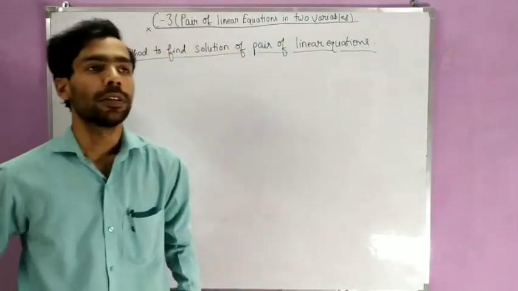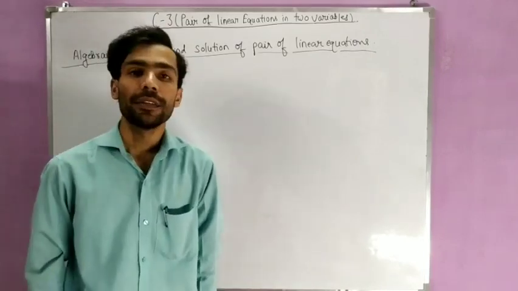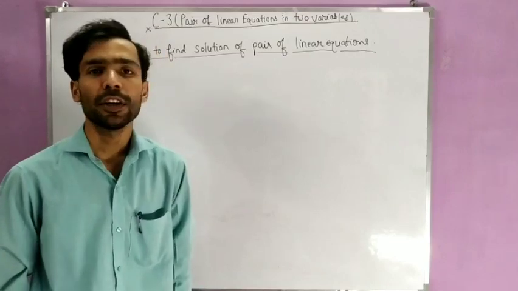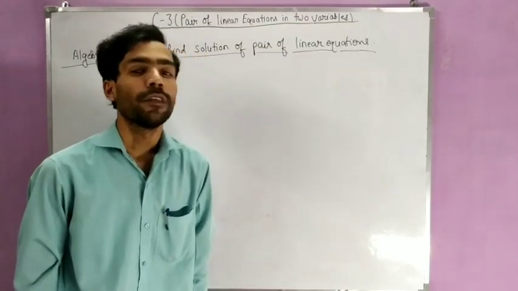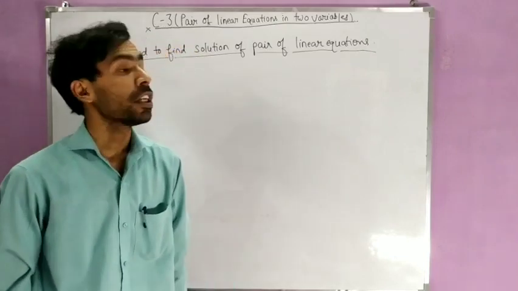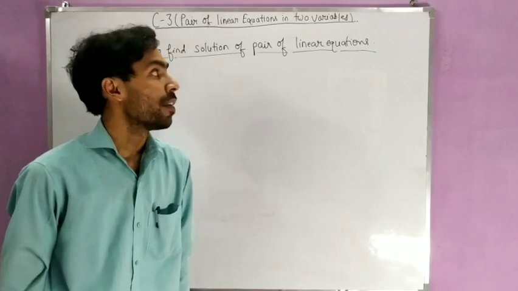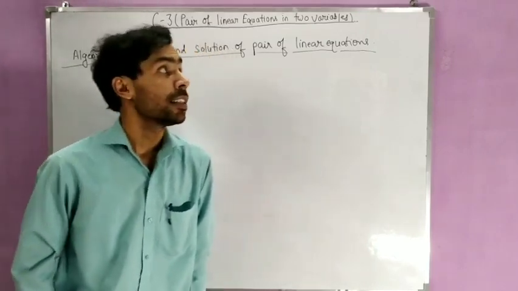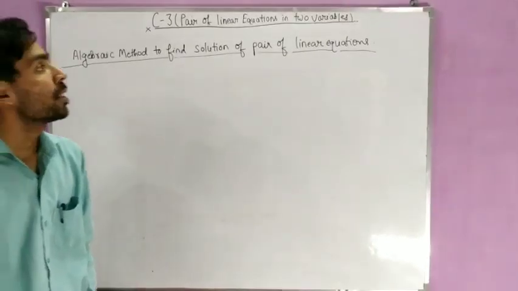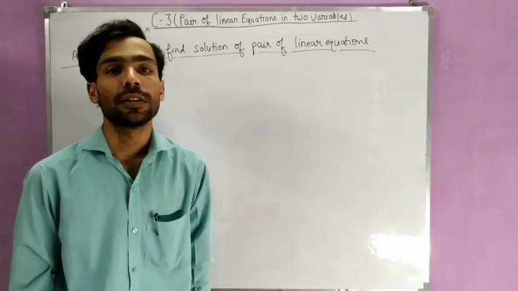So students, up to part 5 of this chapter, we have discussed what is a pair of linear equations, and what is the graphical method to find the solution of a pair of linear equations. Now we will move on to our next topic, that is the algebraic method to find the solution of a pair of linear equations.